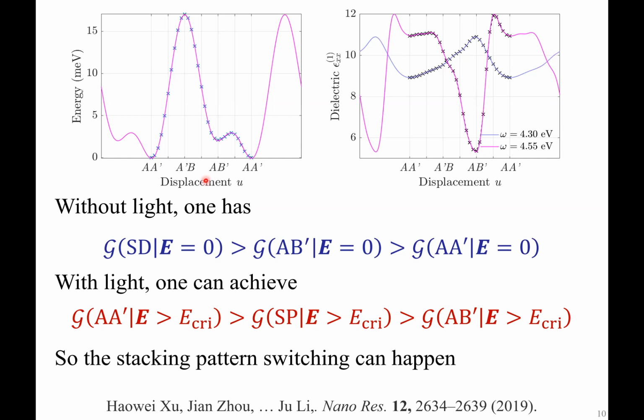So we can, for example, have this ground state AA prime, but AB prime is a metastable state. Under an illumination of 4.3 electron volt, however, the AB prime can have a bigger dielectric constant than the AA prime, in which case you can actually toggle or transition to this AB prime.